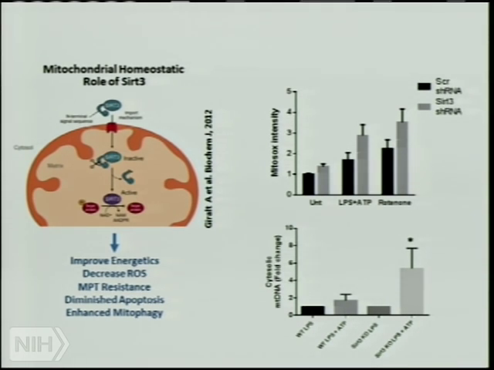But if you use the SIRT3 knockout mouse, when you add the ATP, which is the activation component of the inflammasome, you see this huge increase in mitochondrial DNA release into the cytosol, suggesting that the lack of mitochondrial integrity by the disruption of SIRT3 could play a role in this inflammasome process.